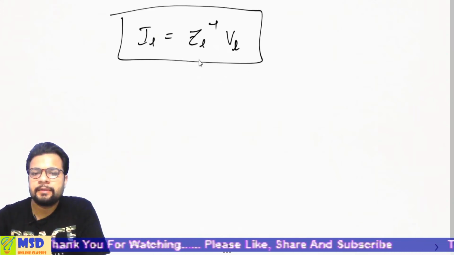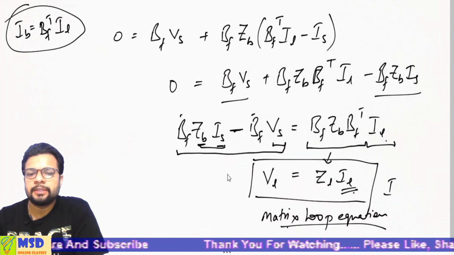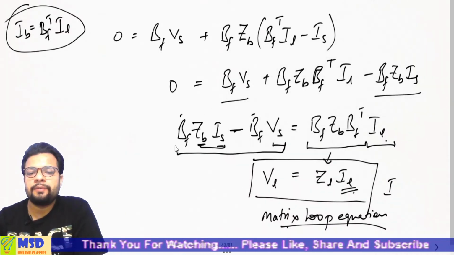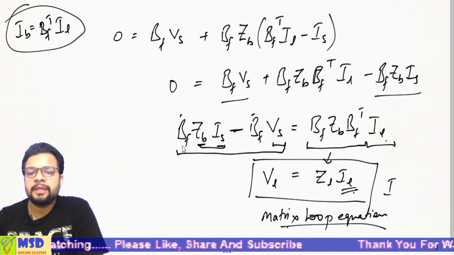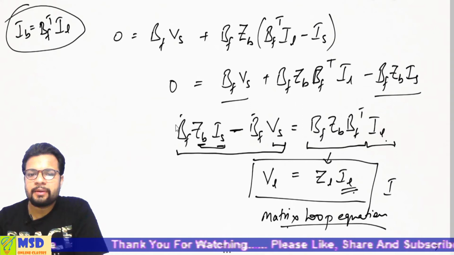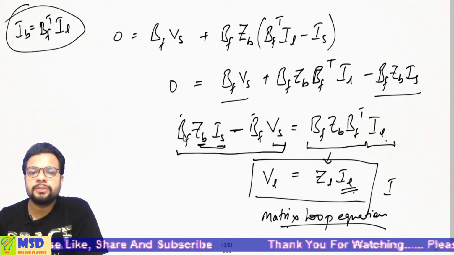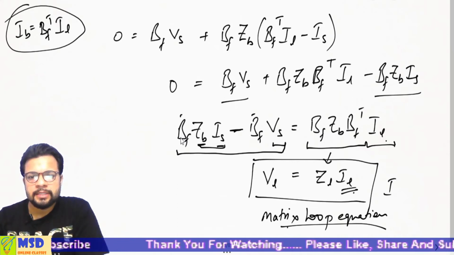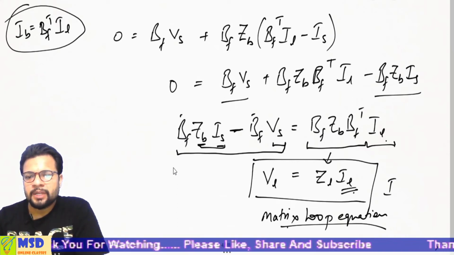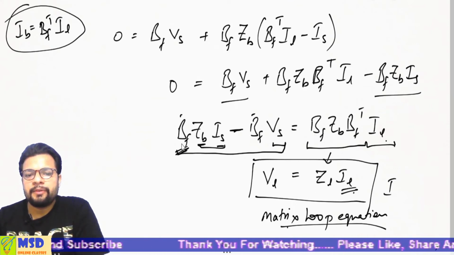VL and ZL can be determined using these relations. You can determine the value of VL equals BF... for any graph, you can develop the BF matrix. And if you don't know how to develop the BF matrix, you can see my previous sessions of networks. There I have taught you how to develop the BF matrix.